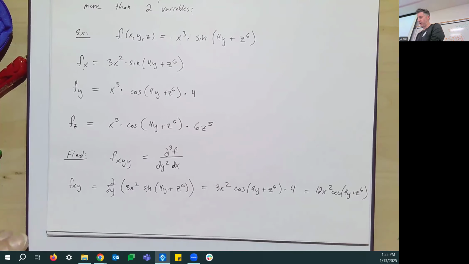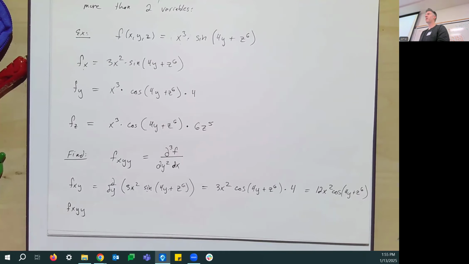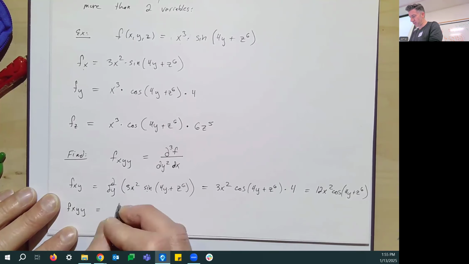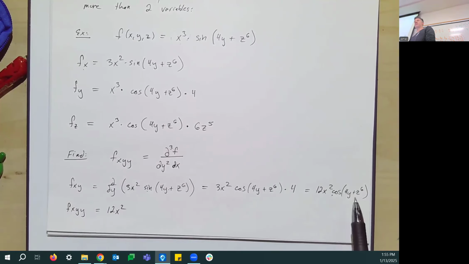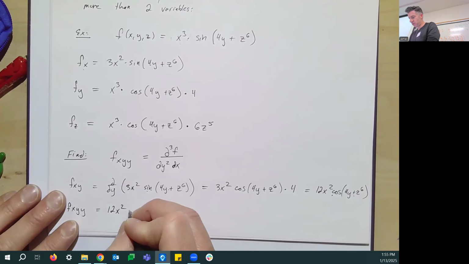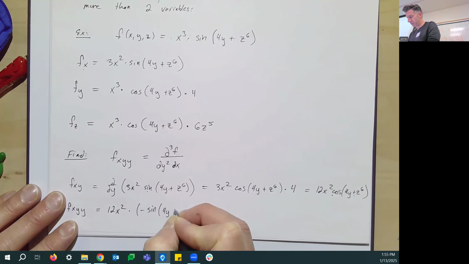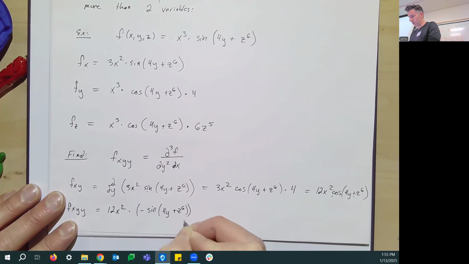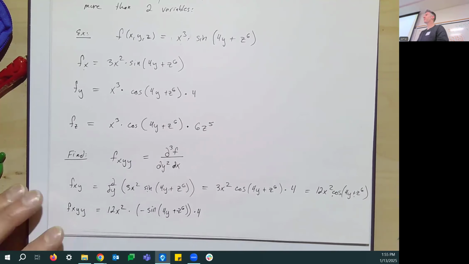Okay, so now we find f_xyy, we're just going to take the derivative of that with respect to y again. So the 12x² still gets to hang out. And the derivative of cosine of some stuff is going to be negative sine of that stuff multiplied by the derivative of the inside stuff, which again is 4.